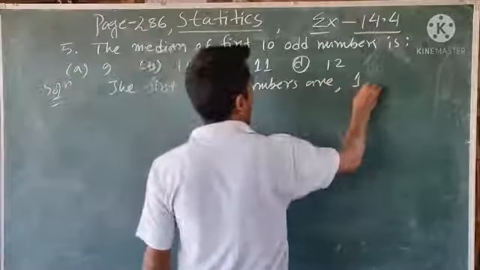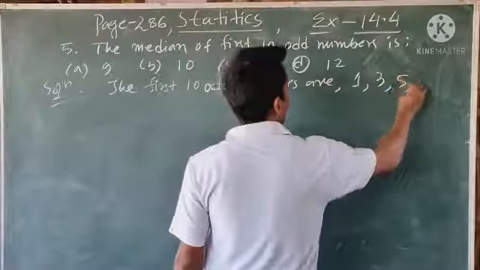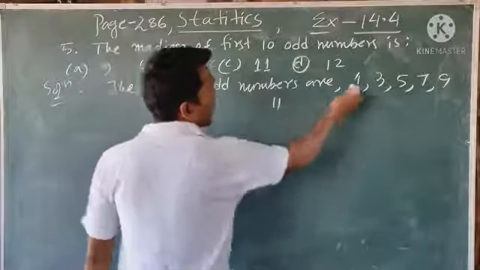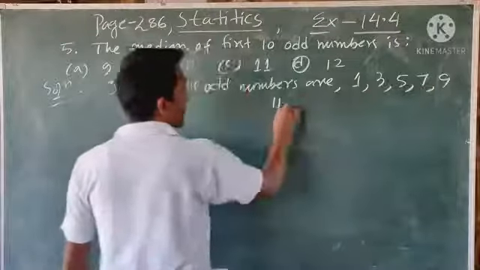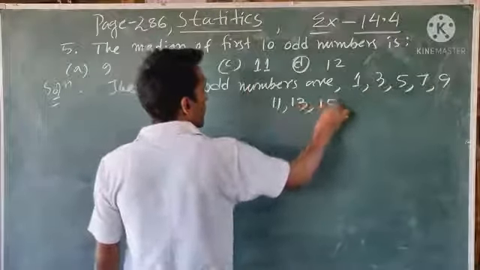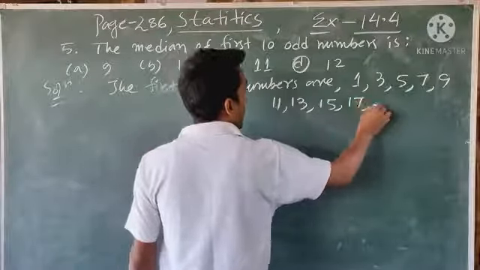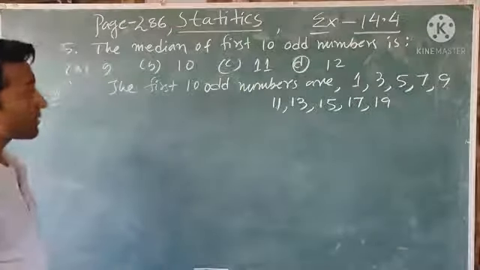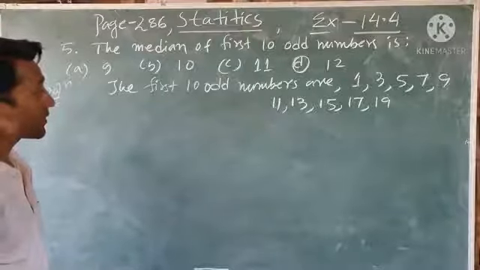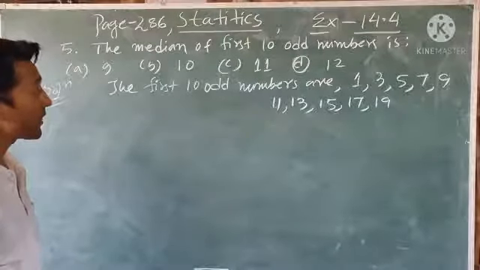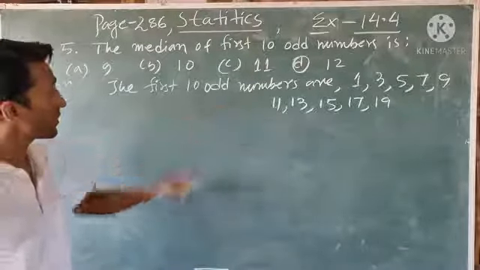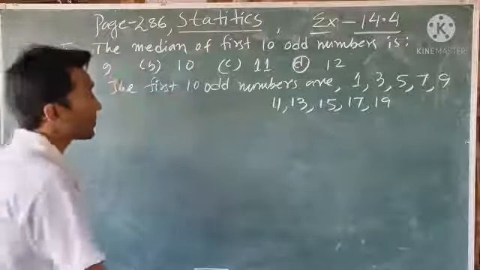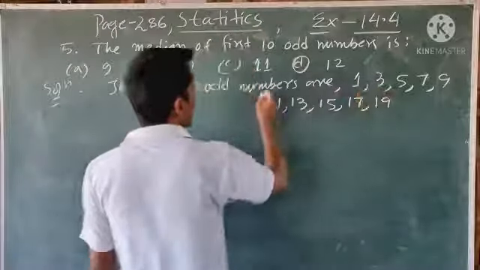First odd number is 1, then 3, then 5, then 7, 9, 11, 13, 15, 17, 19. Counting 1, 2, 3, 4, 5, 6, 7, 8, 9, then 10. These are the first 10 odd numbers. So you have to find the median. How many observations are there? We have 10 odd numbers.